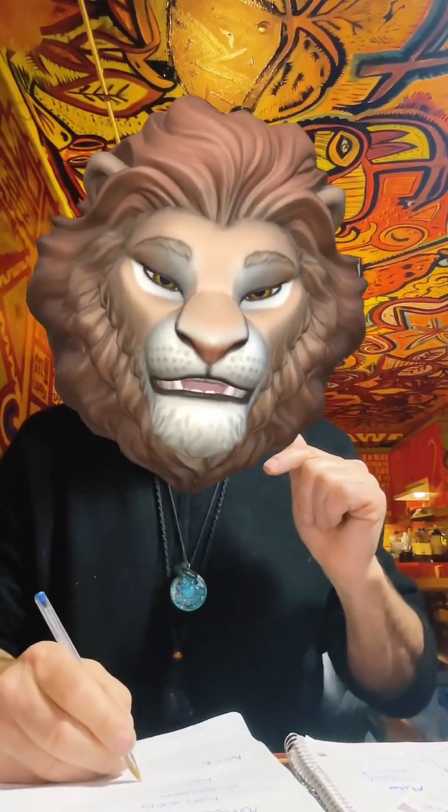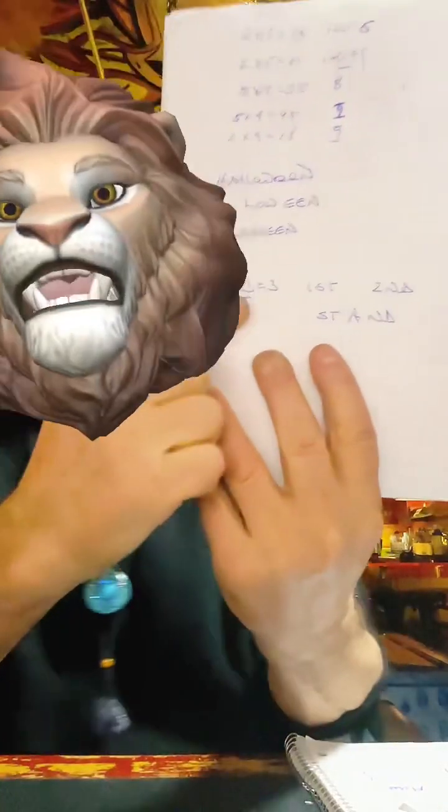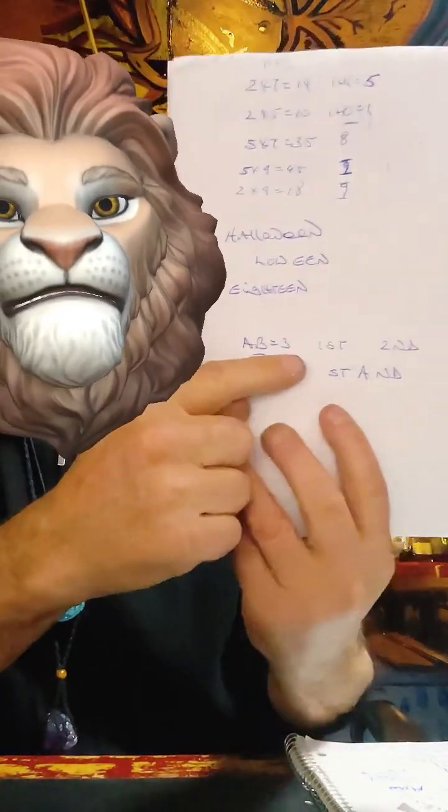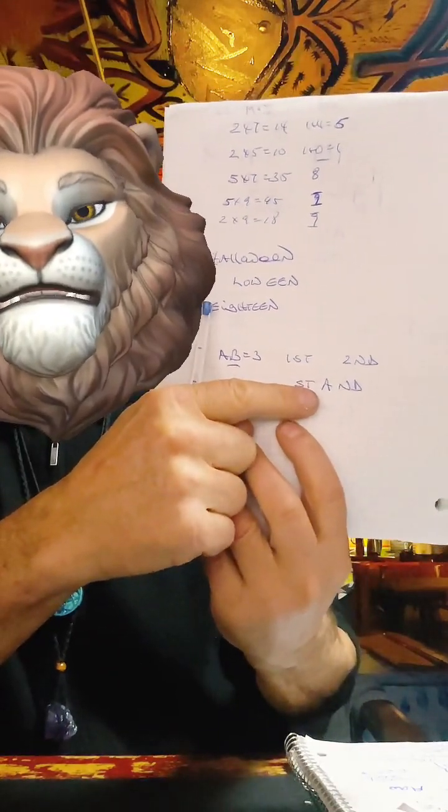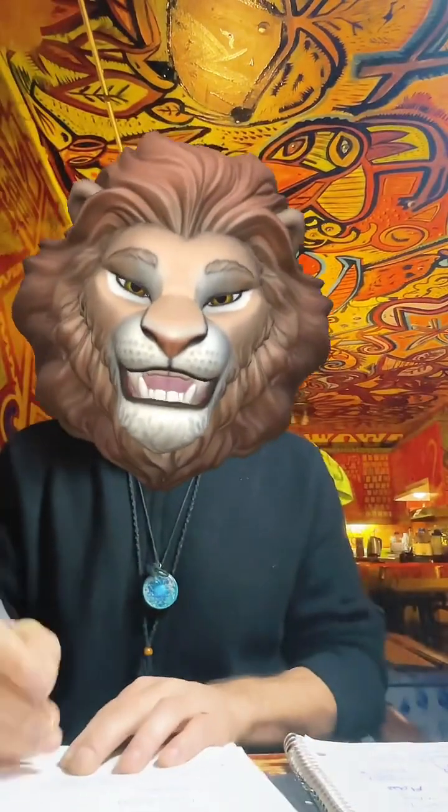And if A was first and B was second, and I just use the ST for first and the ND for second, for me the word looks like stand. And if I'm going to stand, I like to know where I'm standing.